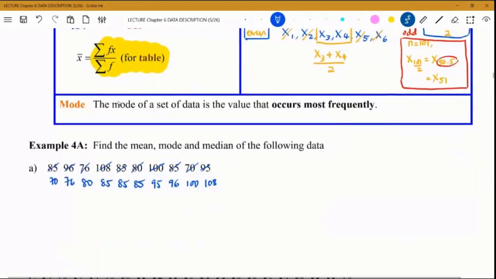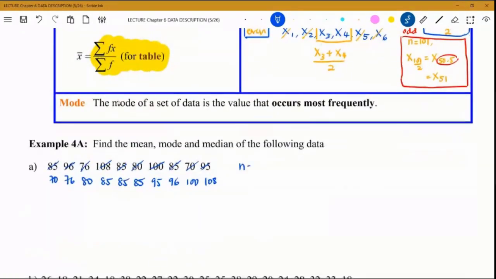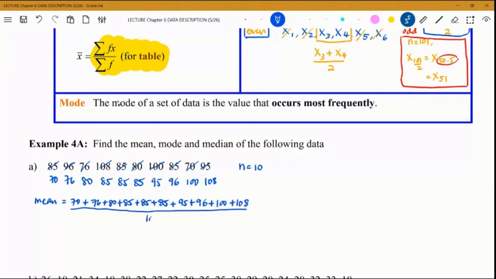Your number of data here: 2, 4, 6, 8, 10. Okay, so for the mean, we have to add up all this data. The addition working steps need to be shown, even if you use a calculator. All of this must be shown. Divide by 10. So what mean do we get?